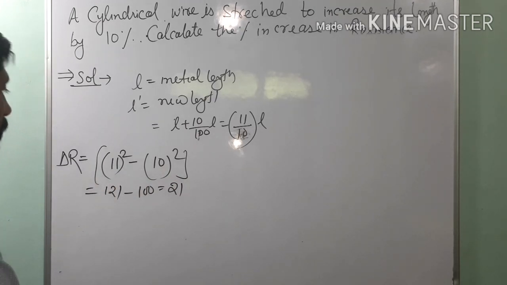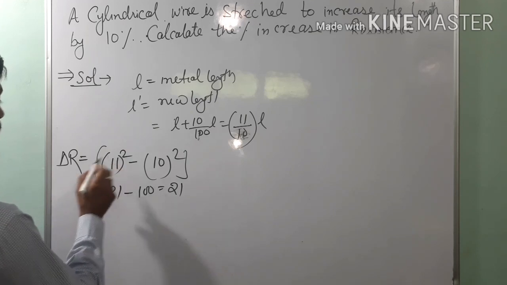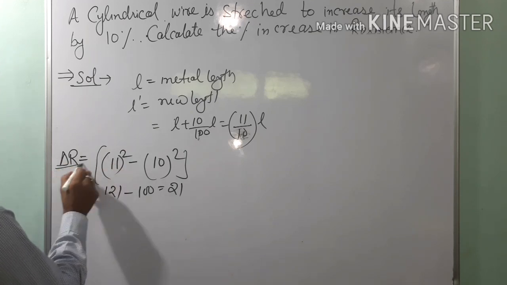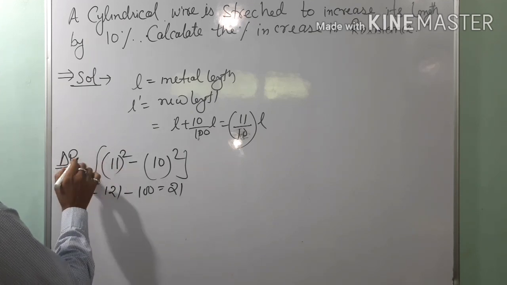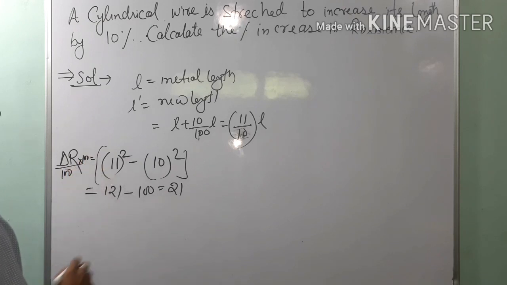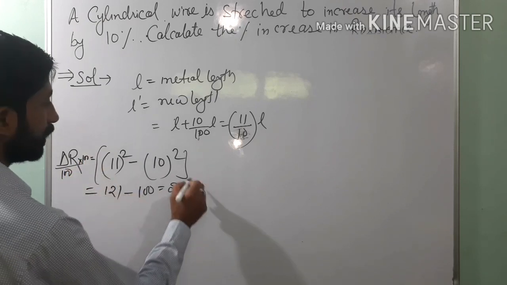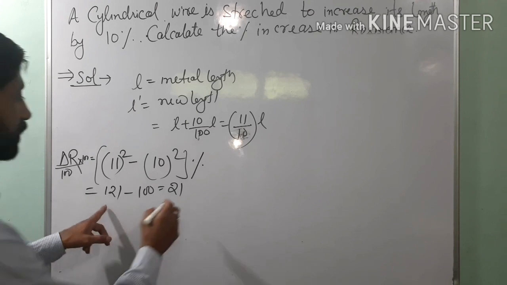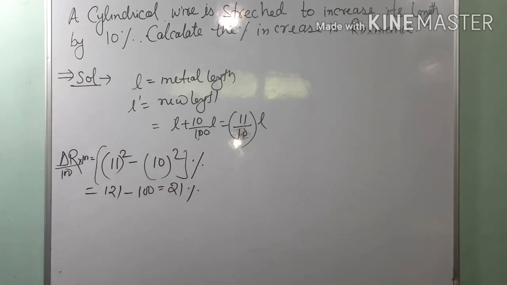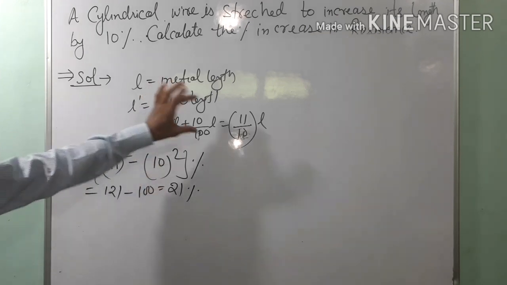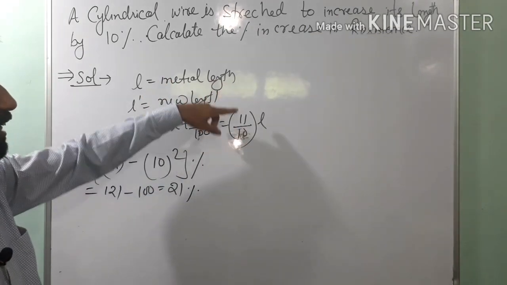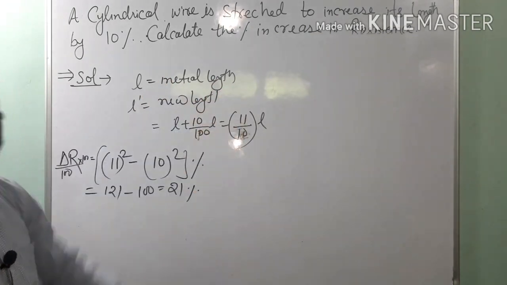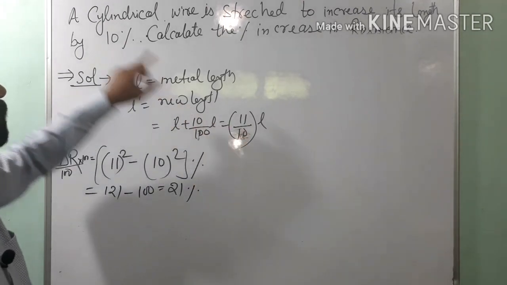So percentage increase equal to delta R over R into 100 equal to 11 square minus 10 square over 10 square, and that much percent. Simple. So this is becoming 21%. What we did here is very important again: n is given by 11 over 10 because the percentage increase is 10%.